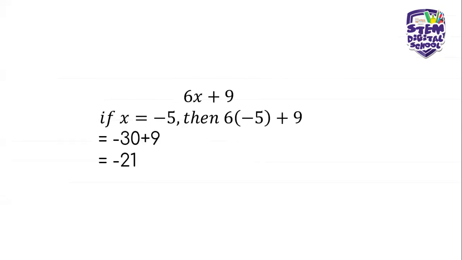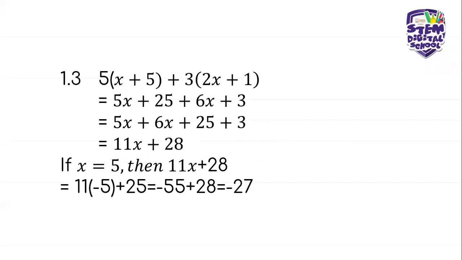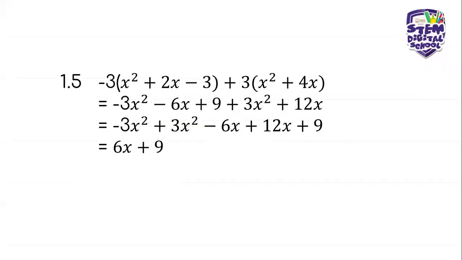The last one, remember, the final answer was 6x plus 9. So I just took the final answer. Remember when we were adding, you'll recall that when we added the expression here, 1.5, when we simplified it, it was 6x plus 9. So yes, we have 6x plus 9, and then of course, that is the expression.